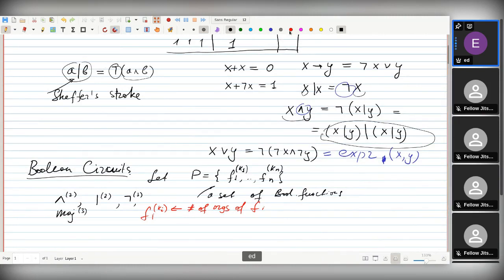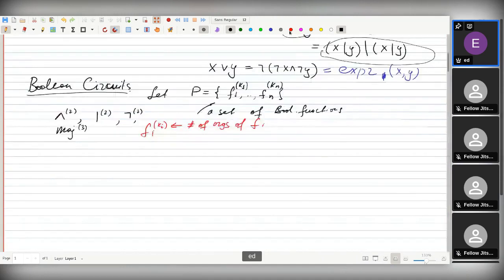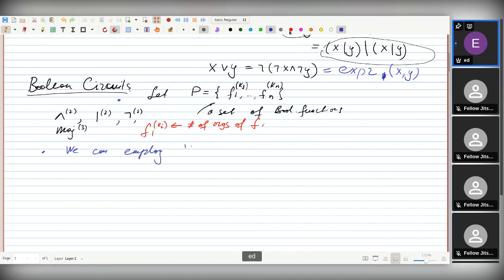So assume that some set of Boolean functions is fixed. Our next point is to specify some temporary variables. We can employ temporary variables. What are they? They are some discernible objects numbered with natural numbers. So it is T1, T2, T3, T4. They are all distinct.